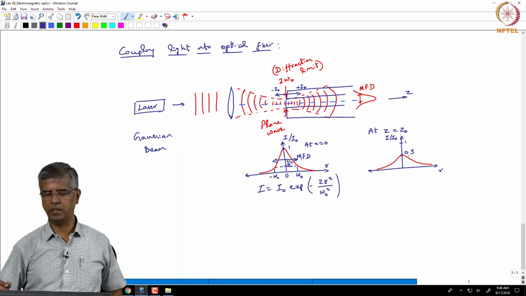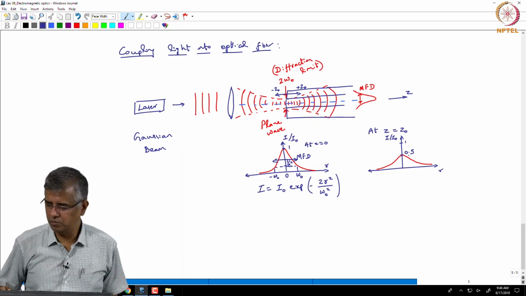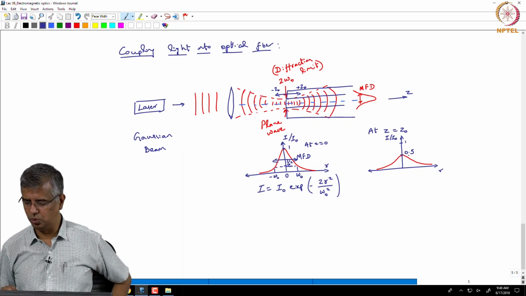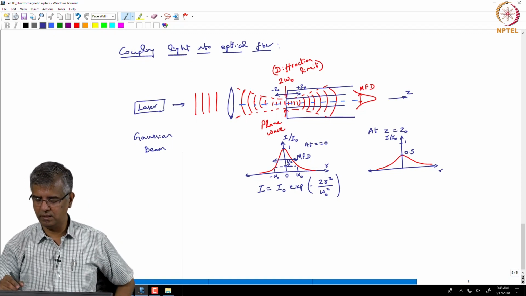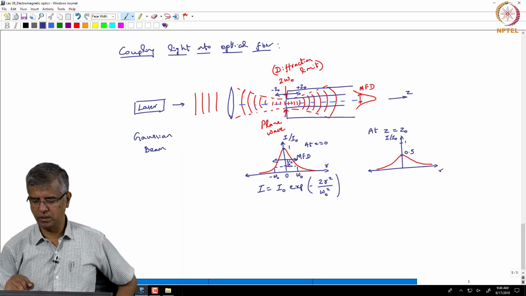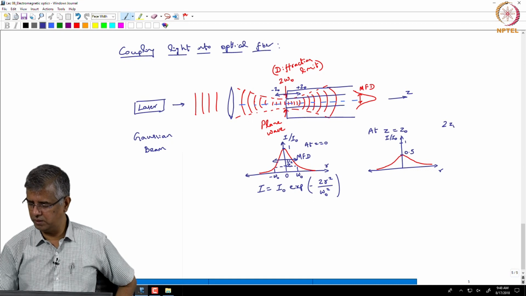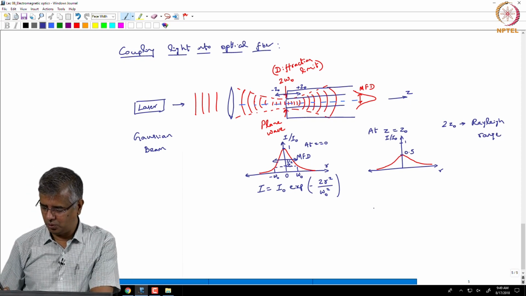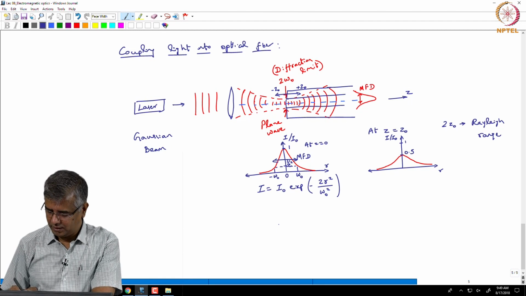The overall intensity comes down by a factor of 2, that is what is known as z naught, and this 2 times z naught is what we call the Rayleigh range.